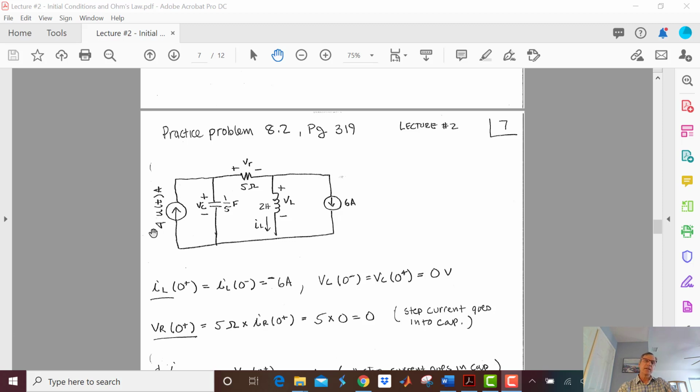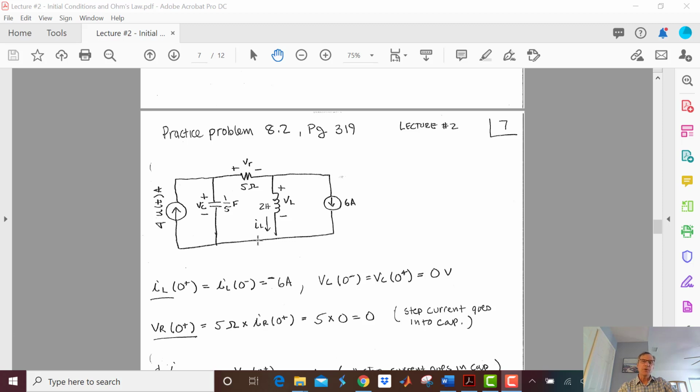So this is going to go from an open circuit to a current source of 4 amps. Or, formally, you can say a current source of 0 amps to a current source of 4 amps. Both ways work. So let's see, we've got a 6 amp current source here.